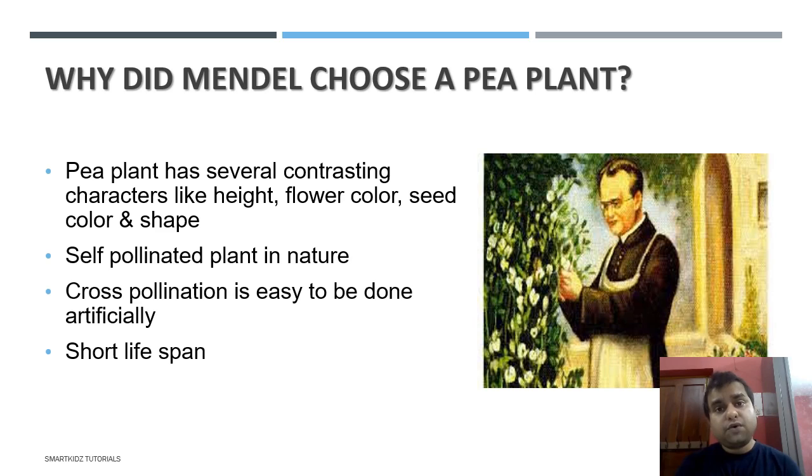So if we want to understand this characteristic, we need to observe many such generations to arrive at a conclusion as to what exactly is happening. We can't say, okay, it was with my grandparents, it's there in me, and I've concluded.